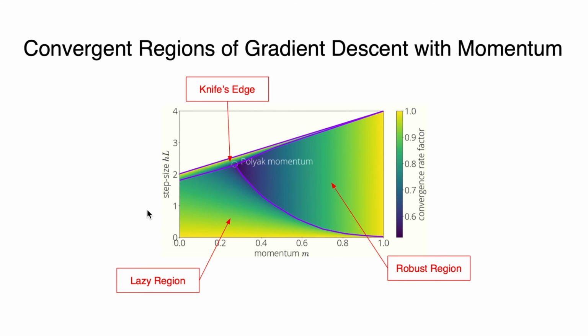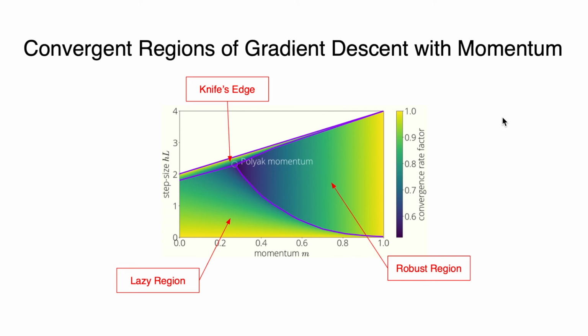Namely, there are three regions: the robust region, as we discussed before, something called the lazy region, and then the knife's edge, which are all dictated by different settings of our momentum and step size hyperparameters, which in turn correspond to different ranges in which we analyze our Chebyshev polynomials.